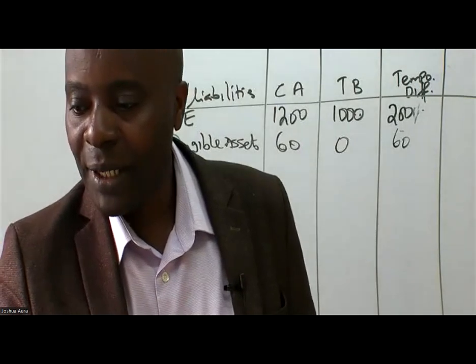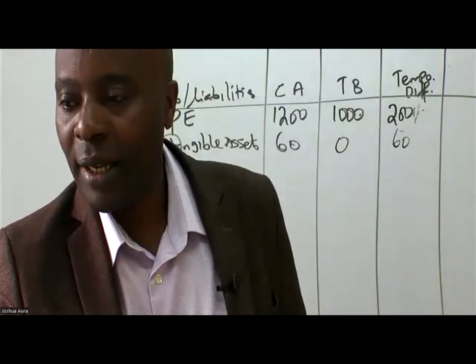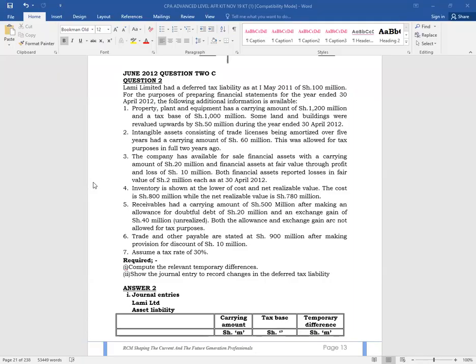The next item they're giving us is number 3. Look at number 3. The company has available for sale financial assets whose carrying amount is 20, and financial assets at fair value through P&L of 10. Great.